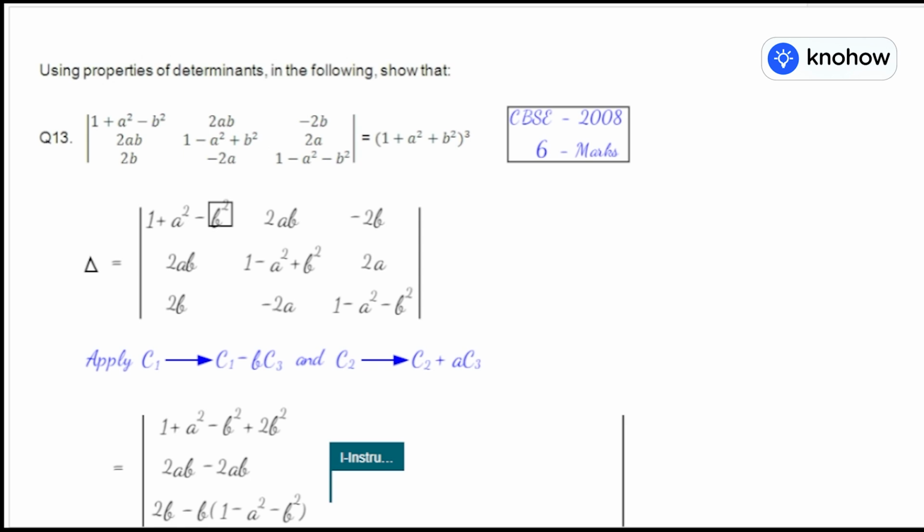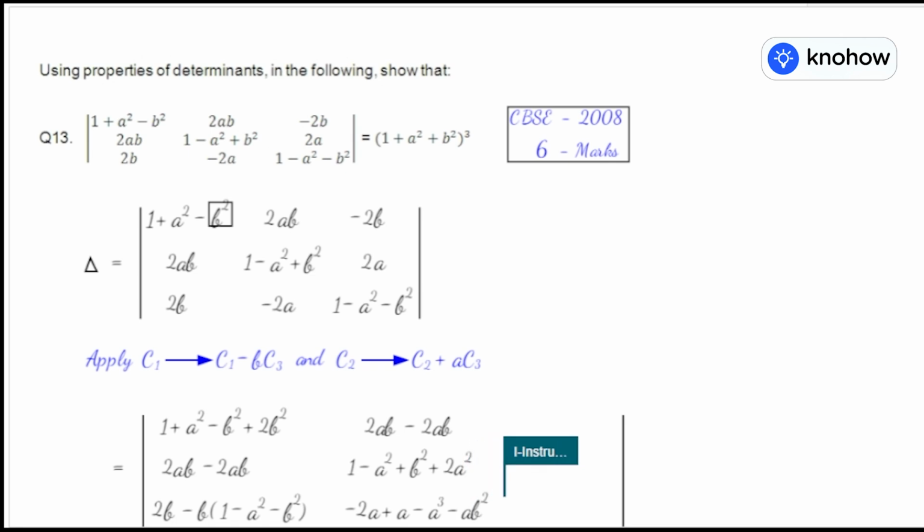And in C2 you add, as I said, a times C3, so you have 2ab − 2ab, and 1 − a² + b² + 2a², and the third element in the second column is −2a + a − a³ − ab².